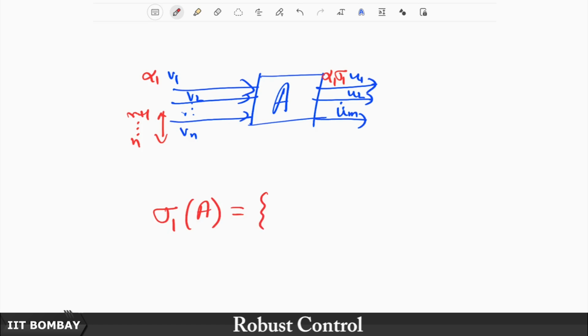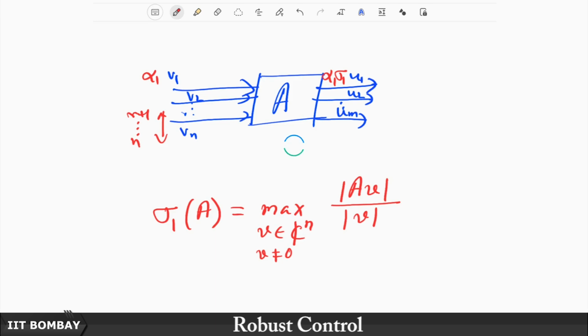It is basically the maximum amplification, over all V you can choose from C to the n, V not equal to 0, of the norm of AV divided by the norm of V. In other words, what this is saying is that if you give an input, by what factor is it amplified?